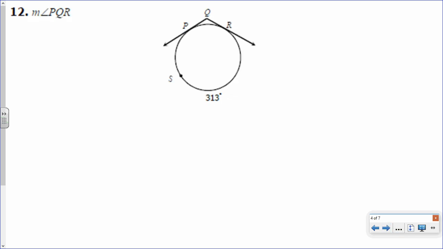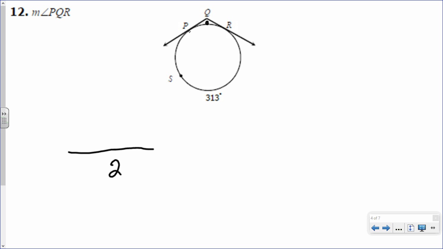The next example, we want to find the measure of angle PQR. So again, this exterior angle. So we know the big arc minus the small arc divided by 2 is going to equal the angle. So we know we got to divide by 2.